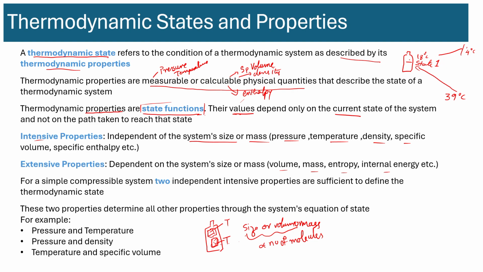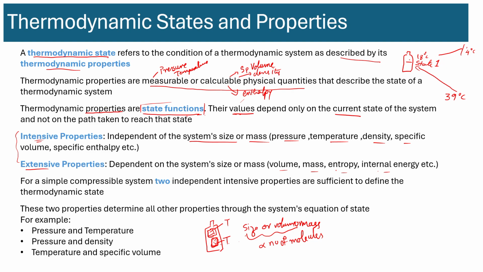So it is dependent on the number of molecules. The more molecules, the more the weight or mass. The same goes for total entropy, internal energy, etc. Such properties are called extensive properties. The volume of a smaller system versus the larger system will be different, right? So that's the main classification.